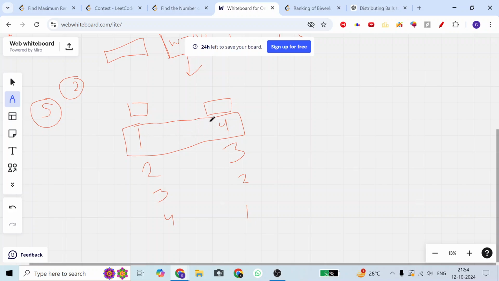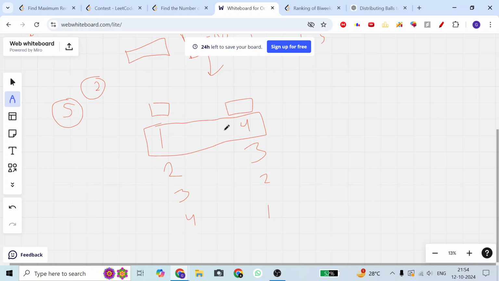This permutation means in how many ways I can assign one performer to stage 1. Basically, I need to divide the performers into two groups, where one group contains one performer and the other group contains four performers. This is nothing but 4C1, like 4 factorial over 1, which comes to 5.